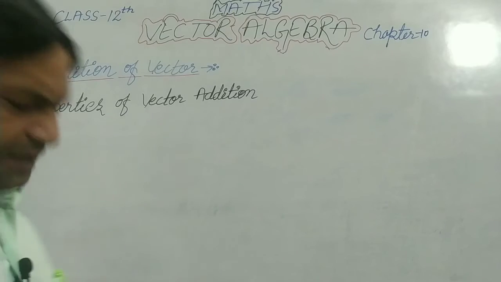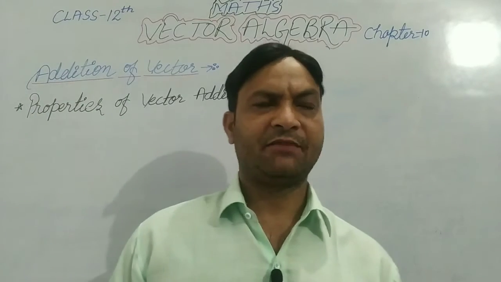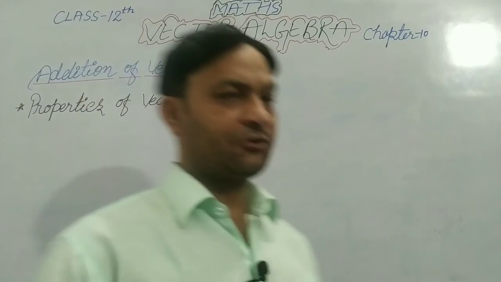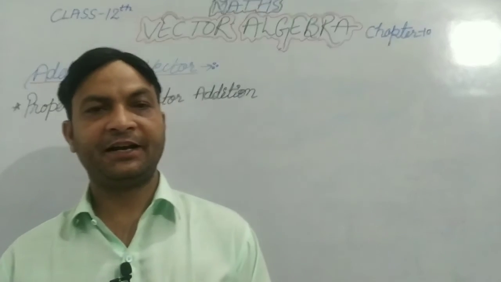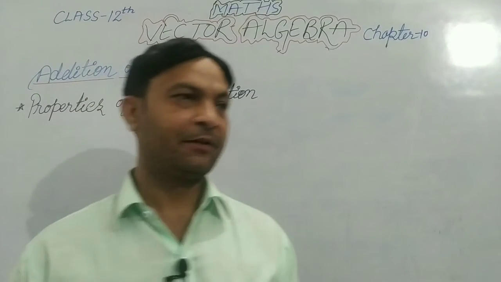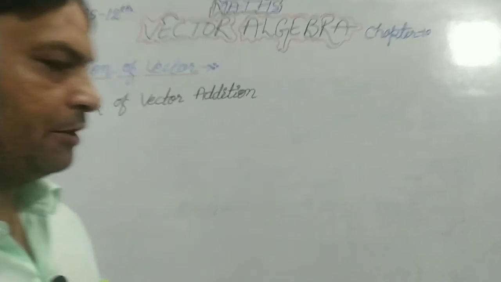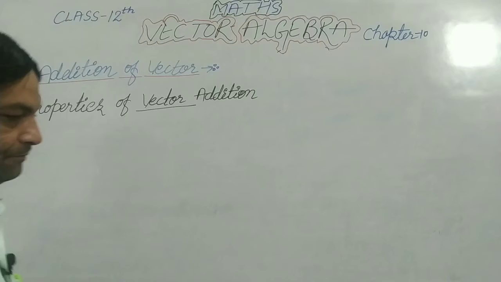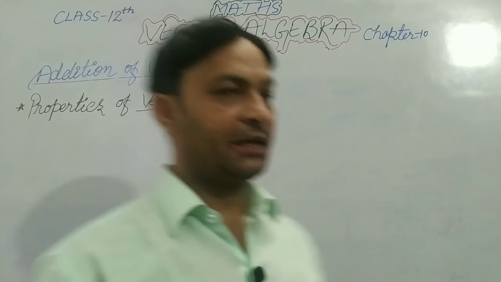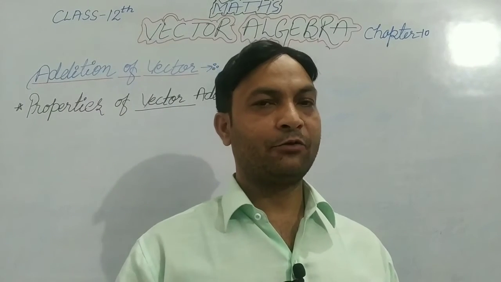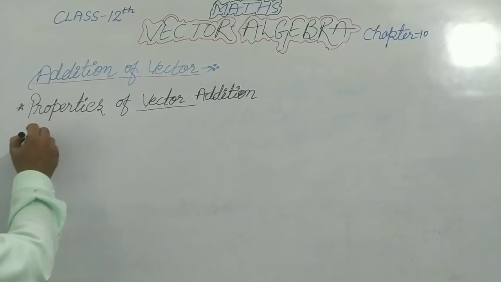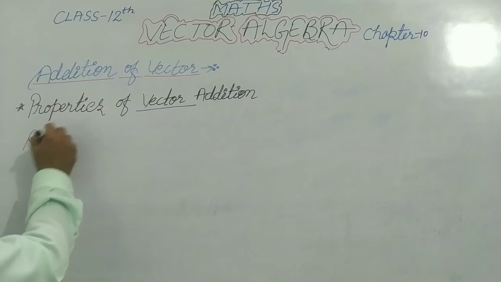We are familiar from classes 7 and 8 with the properties of addition: commutative, associative, additive identity and additive inverse. We are familiar with them, but here we will use them for vectors. We use these properties here as vectors. So firstly we will talk about commutative.